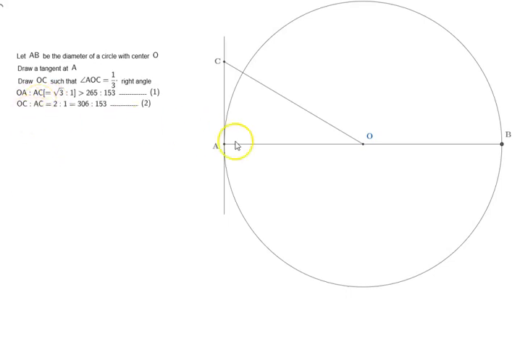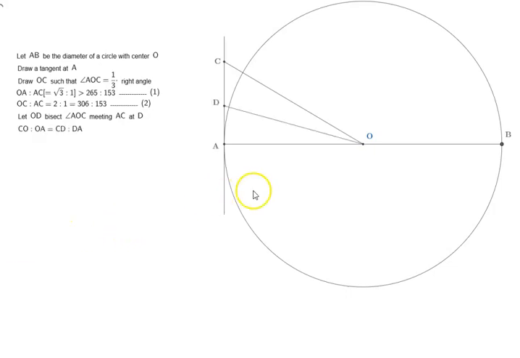So OC is to AC is equal to 2 is to 1, and since AC is 153, OC will be double of that, that is 306. Let OD bisect angle AOC meeting AC at D.